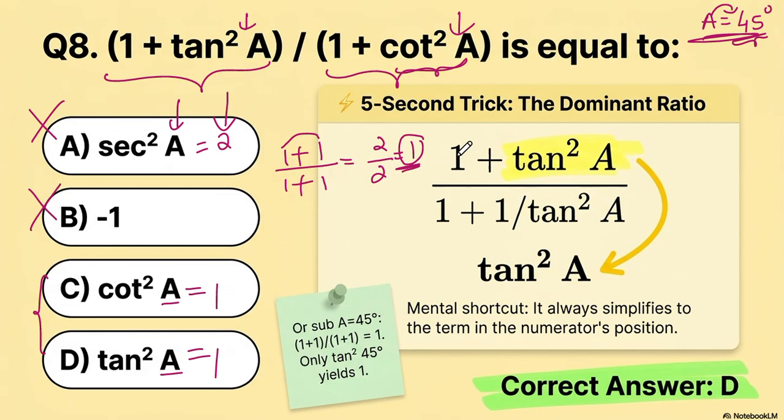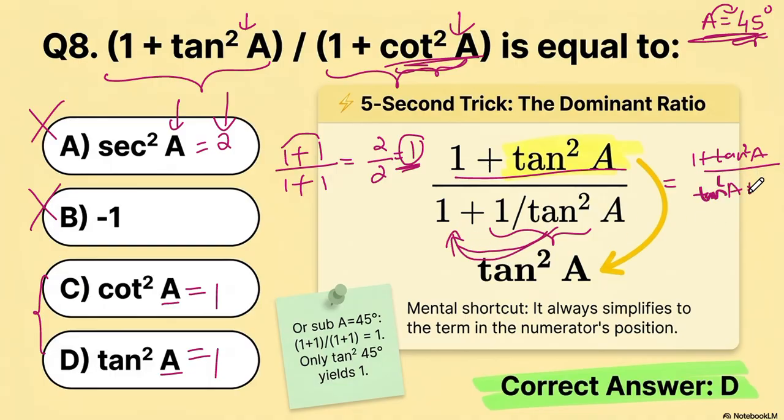The trick is here: in the numerator is 1 plus tan square a, and in the denominator is 1 plus cot square a. If we convert cot in terms of tan, cot can be written as 1 upon tan, so cot square can be written as 1 upon tan square a. So 1 plus tan square a upon, after cross multiplication, tan square a plus 1 whole divided by tan square a.